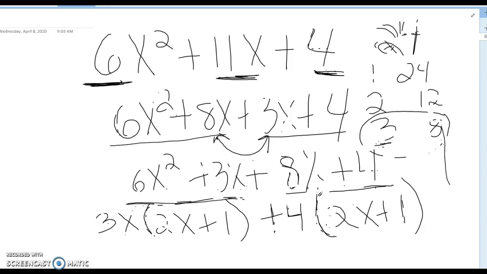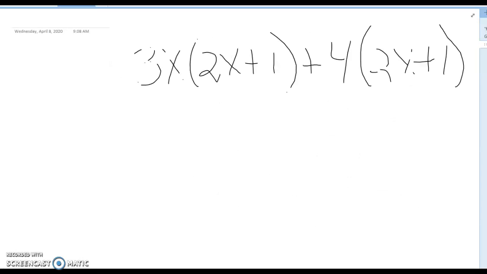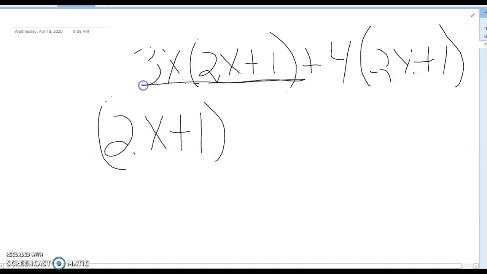What needs to happen is you are going to see two identical expressions on both sides of this plus sign in the middle. And so what you're doing is factoring out that 2x plus 1. When we factor something, it's like dividing.